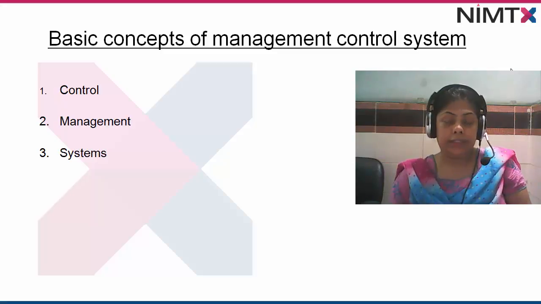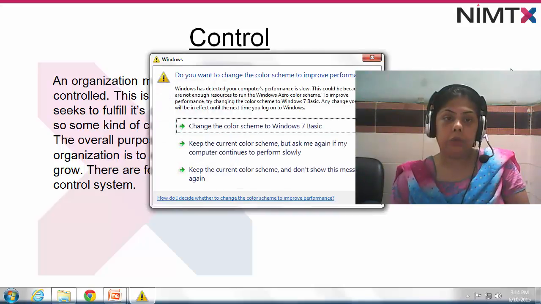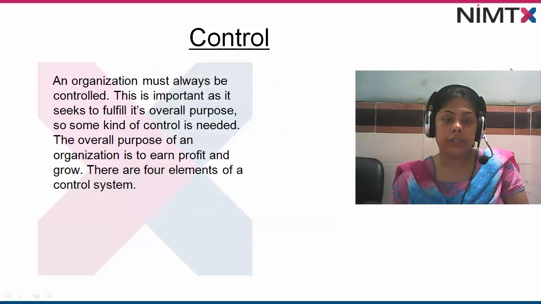So let's see. It's control, management, systems. It is described below. Let's move forward. Control. An organization must always be controlled. This is important as it seeks to fulfill its overall purpose, so some kind of control is needed. The overall purpose of an organization is to earn profit and grow.